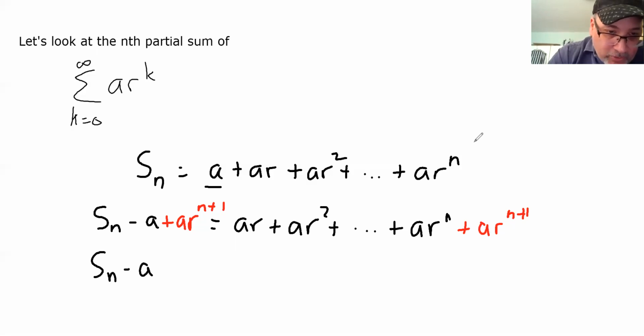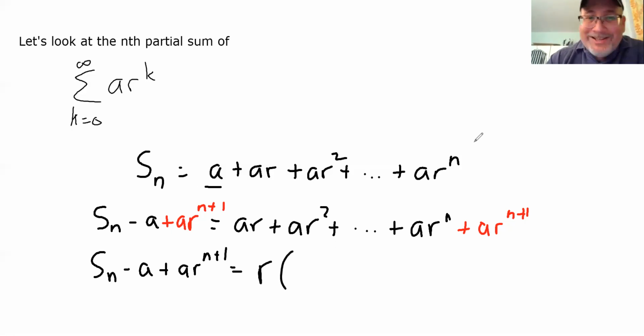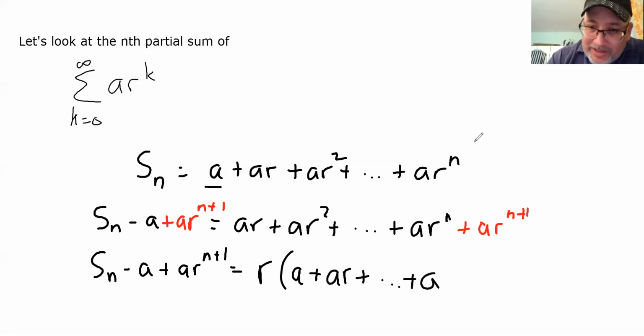I'm only going to factor out an r. Here's the left side. If I factor an r out of the right side, I'll get a plus ar plus, we get to the n, a times r to the n minus 1 plus a times r to the n. Everybody just gave up one of their r's.